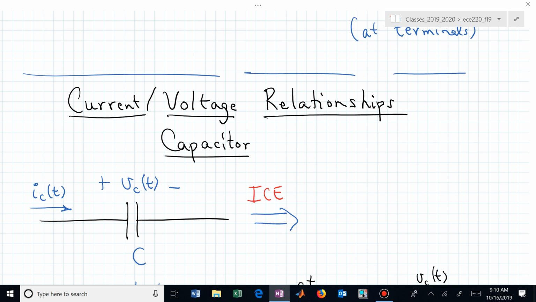We now can write or recall or remind ourselves of the current voltage relationship of a capacitor if we simply remember ICE. And ICE now tells us how the voltage and current are related based on a capacitor or with a physical element of a capacitor, similarly to how we used ELI.